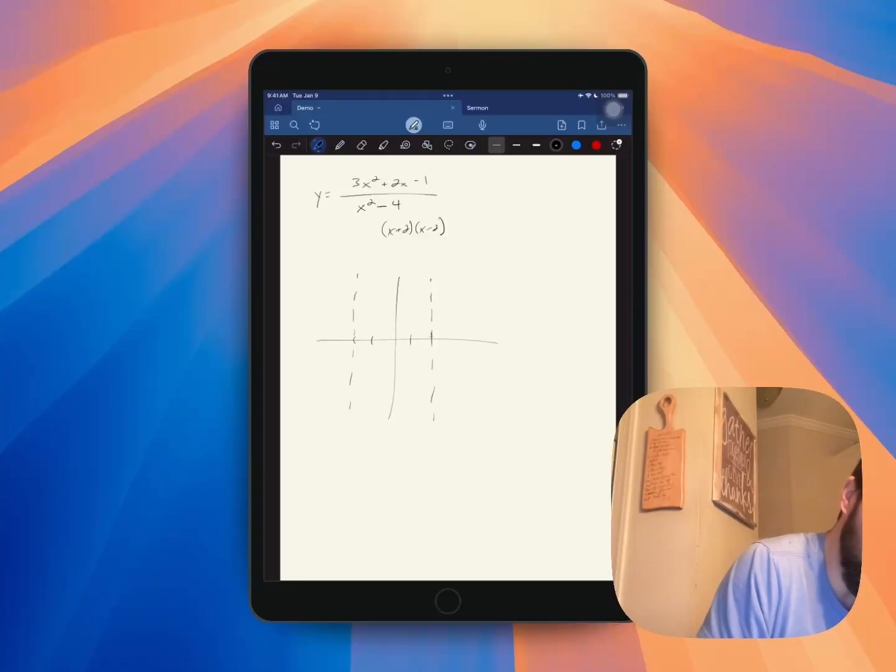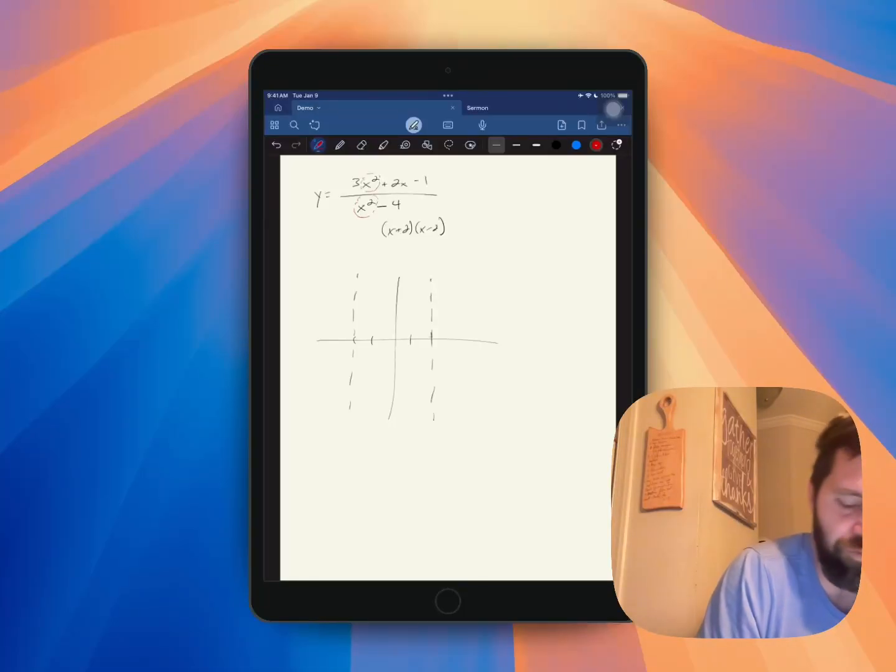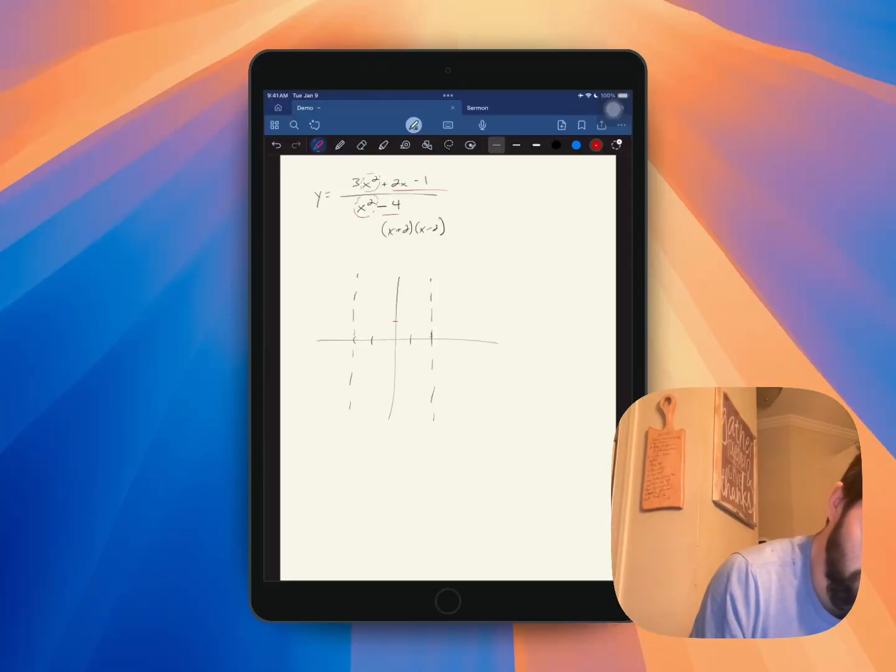You've got this x squared and this x squared. Those are going to grow at roughly the same rate, and then these are going to become less important over time. And so if you think about the ratio of those, it's going to come out to basically 3. And so we're going to have a horizontal asymptote at y equals 3.